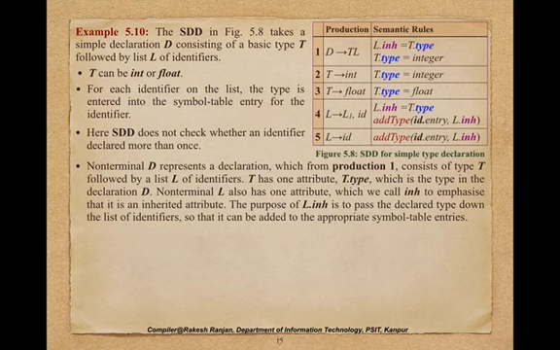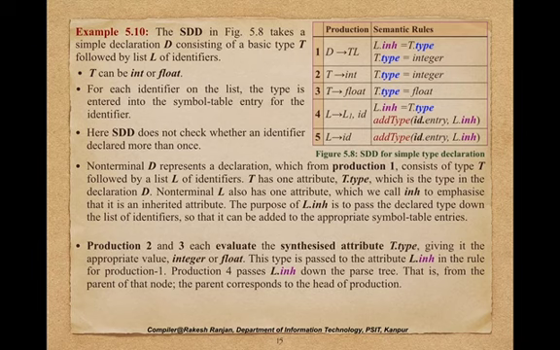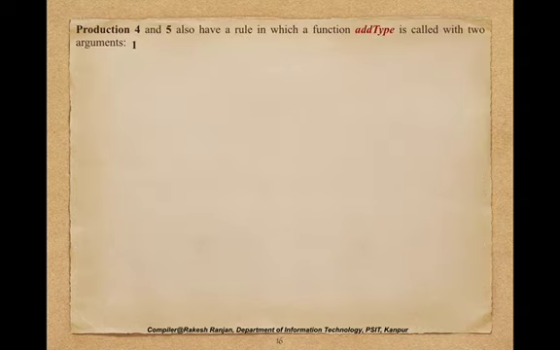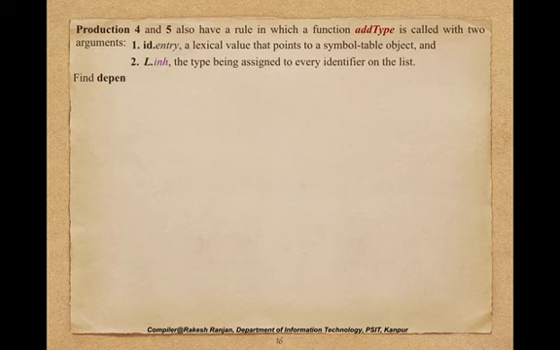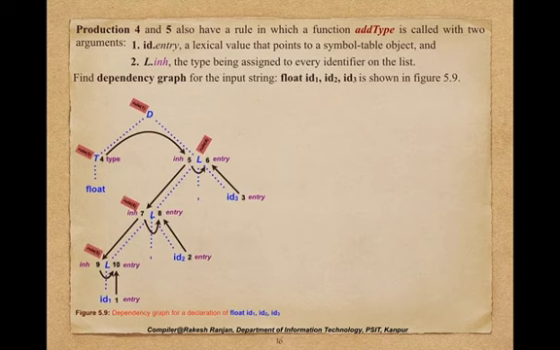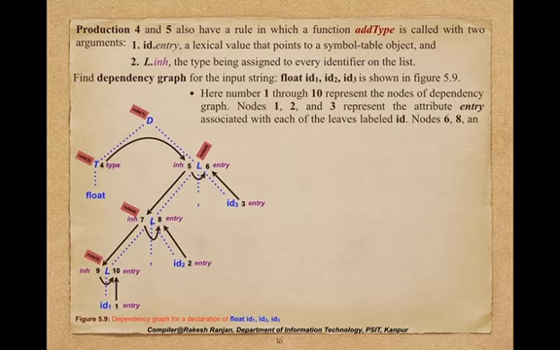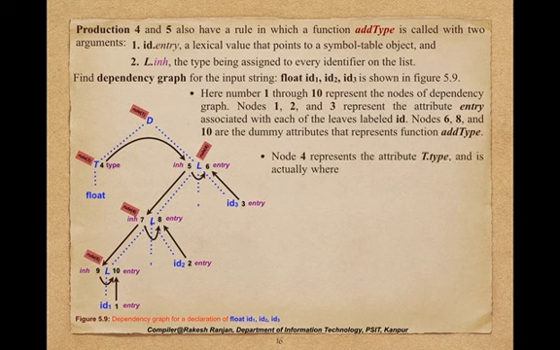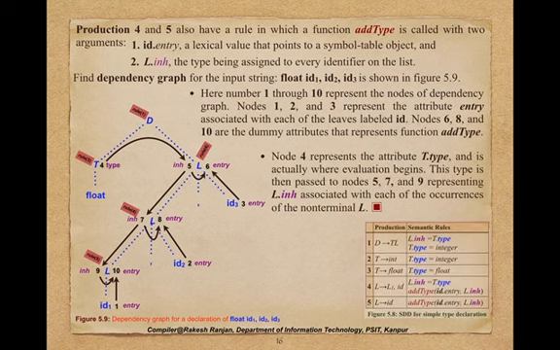Thus, the SDT does not check whether an identifier is declared more than once or not. Productions 2 and 3 evaluate and synthesize attributes here. Productions 4 and 5 have the rules of function addType, with id.entry and L.inh. The numbers are given here. So this is the dependency graph for the declaration of float id1 and id2.